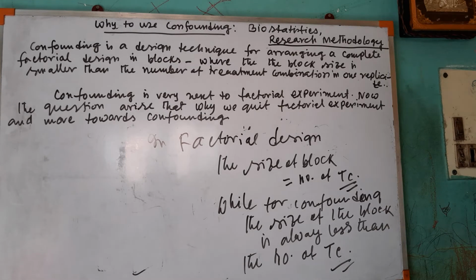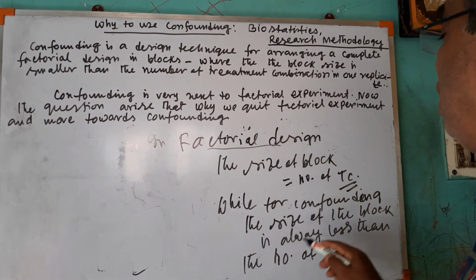This is the main difference you can say between factorial design and confounding.